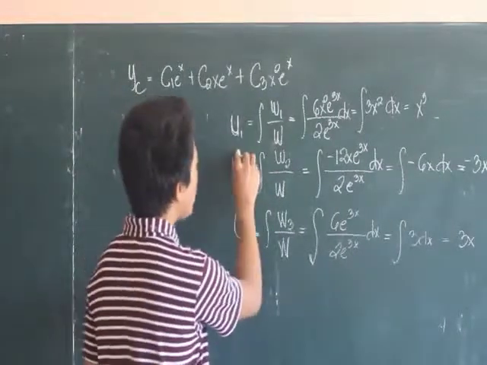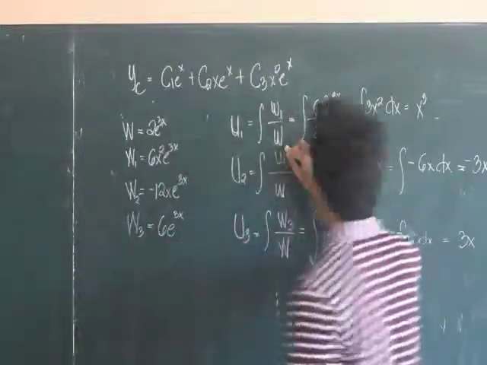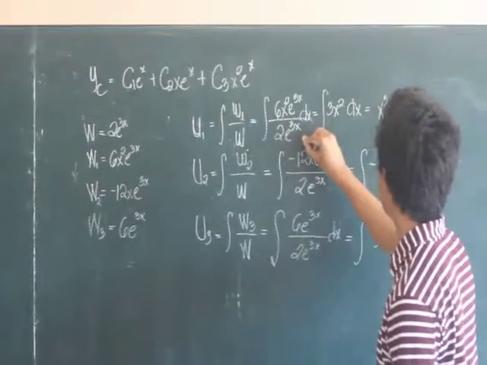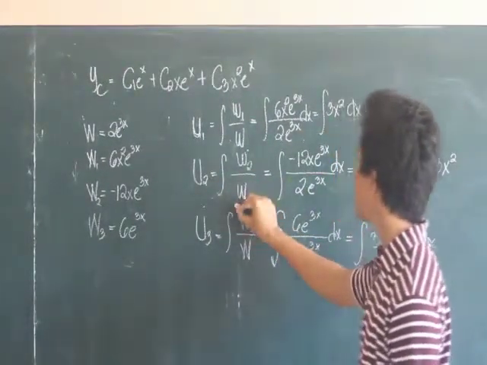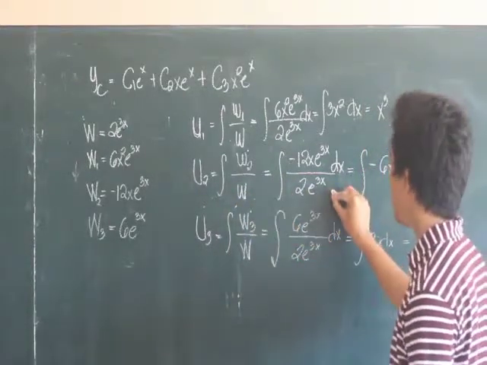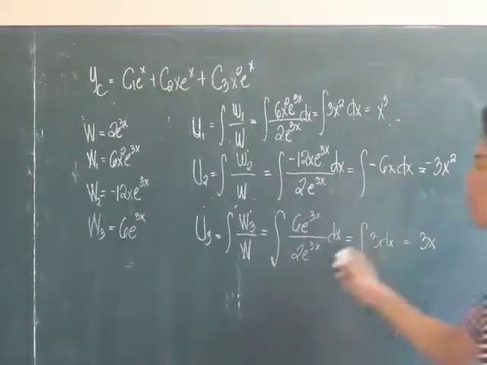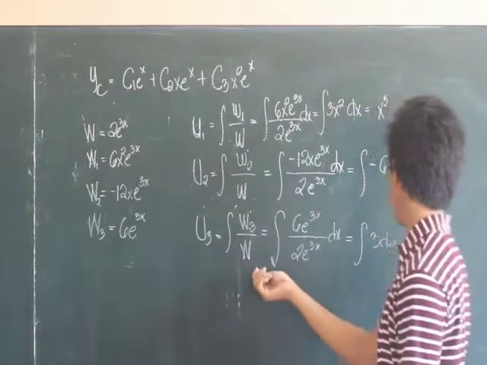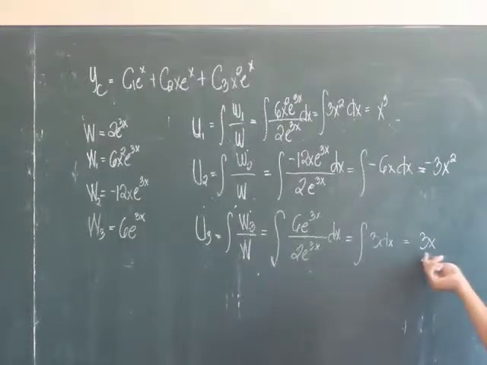So for u1, we have the integral of W1 over W, and substituting these values, we have x cubed. And for u2, we have the integral of W2 over W, and integrating these, we have negative 3x squared. And for u3, we have the integral of W3 over W, and integrating this, we get 3x.